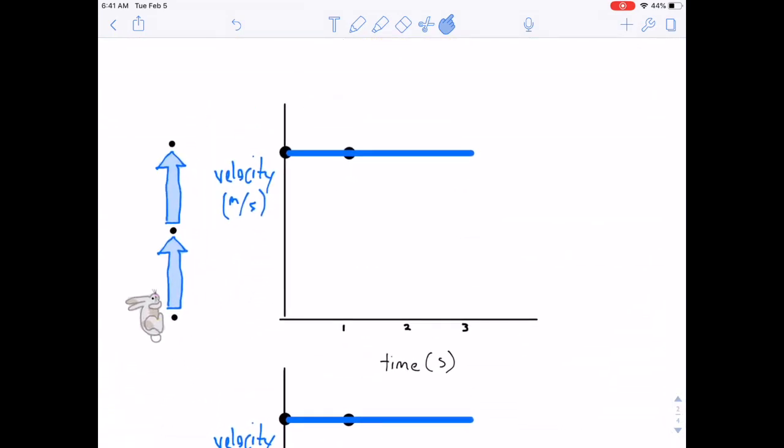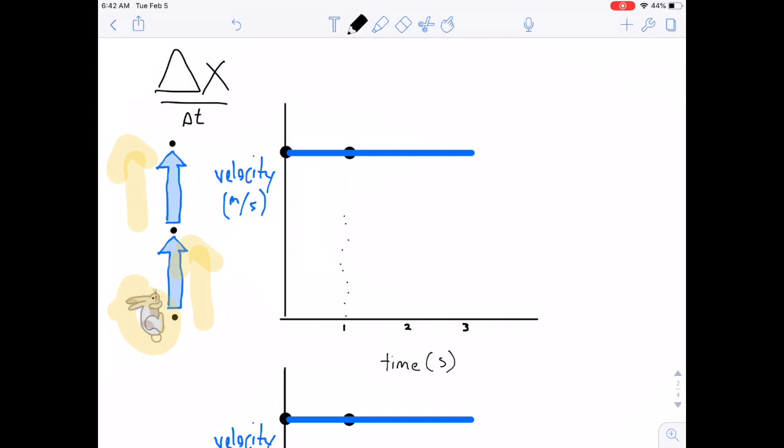Okay, so we got our hare here, the tortoise and the hare. We know that the hare is moving faster, so it's going to have a greater change in position each second. So it's got a bigger velocity. And if it's got a bigger velocity, then what do you expect? If we go up and over, let's just make up another number here for the y-axis.